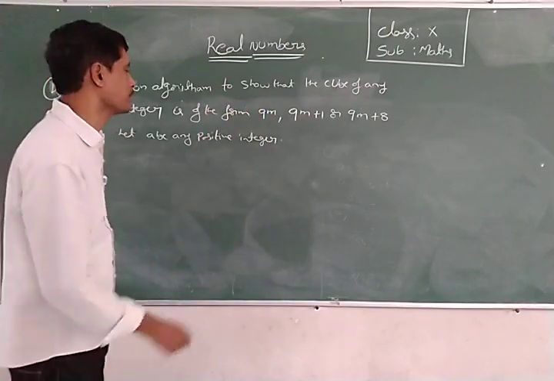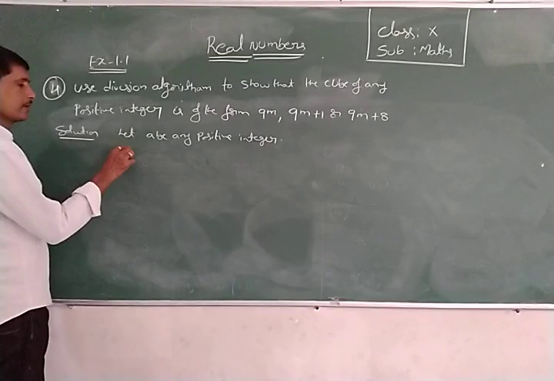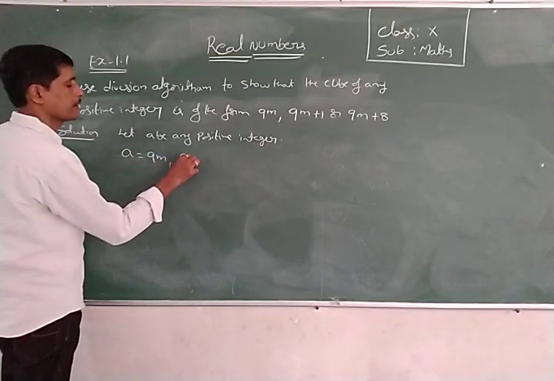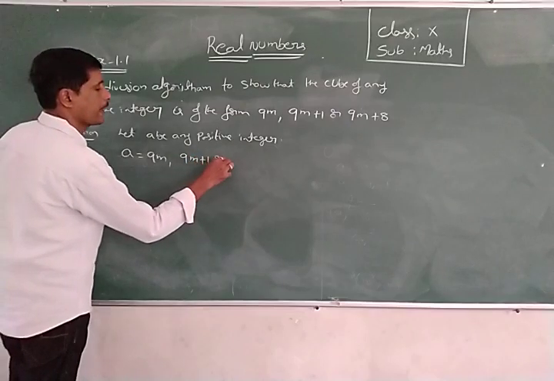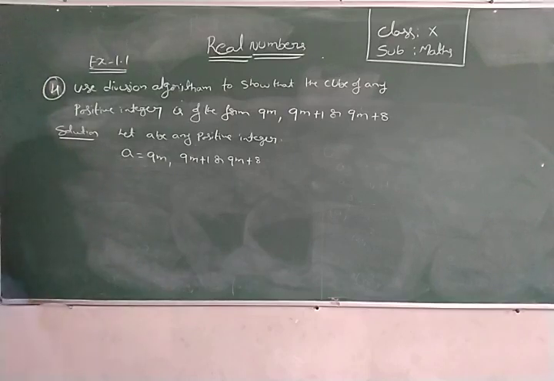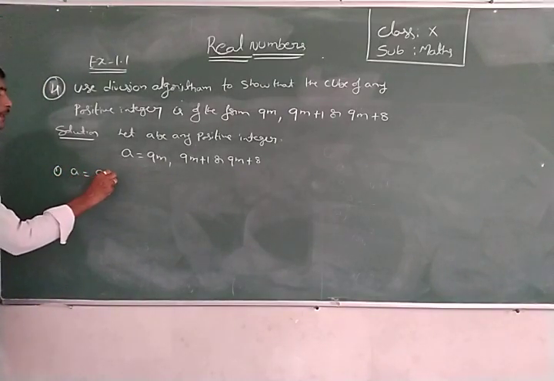Taking any of them, a equals 9m, 9m plus 1, or 9m plus 8. First, take the first case, a equal to 9m.